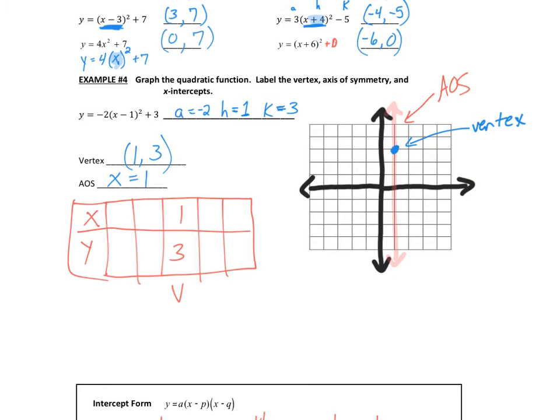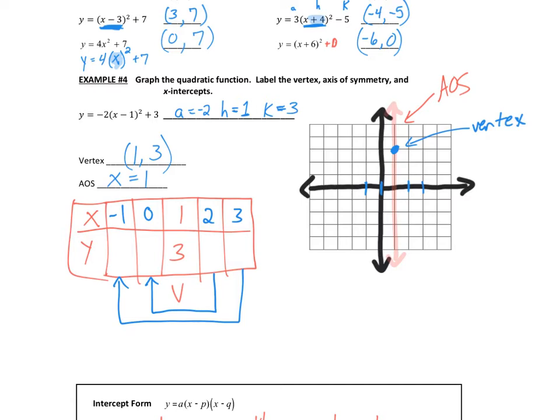Now we've got to pick some numbers. A number to the right of our vertex is 2, one more to the right is 3. One to the left of the vertex is 0, and one more to the left is negative 1. If we're careful when we pick these, the numbers are symmetric, so we only have to plug in half of our table.